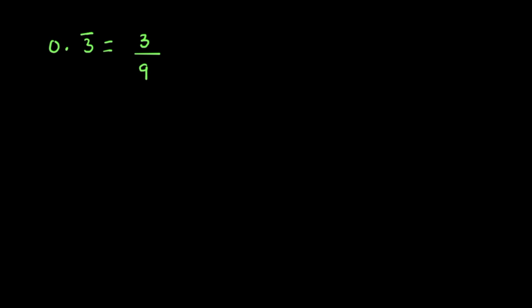Got it? 3 by 9. For example, if you have 0.4 bar, you write 4 divided by 9. Suppose 0.5 bar, yes, it is 5 by 9. So without doing the actual process, we write like this.